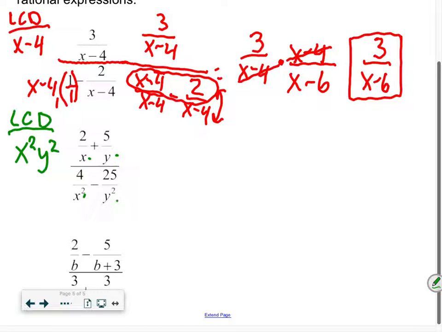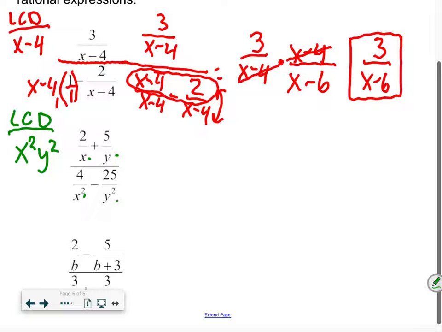Here I have an x, but the x squared kind of takes over, because this is 1x, this is 2x. 2x is the most I ever get to. Same thing with y's. So my least common denominator is x squared, y squared. That'll take care of everything.